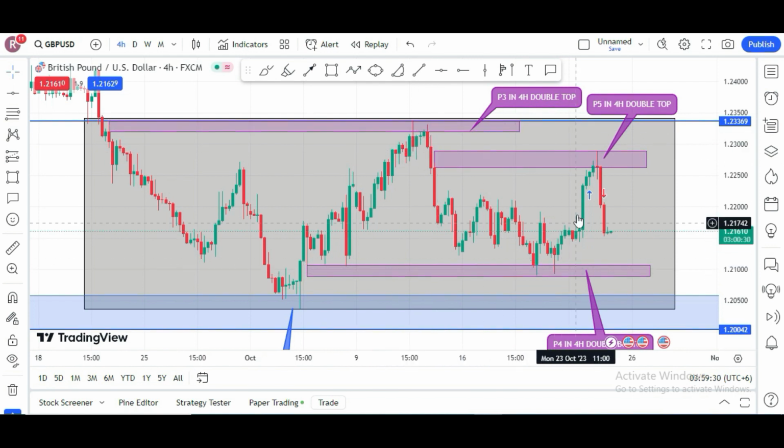But this is what has been happening for the last 1 month, and it is only for day traders. There is nothing particular here which we can mark for swing traders to go short or long.